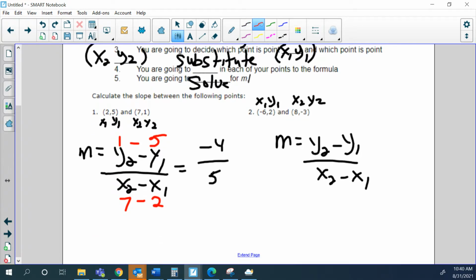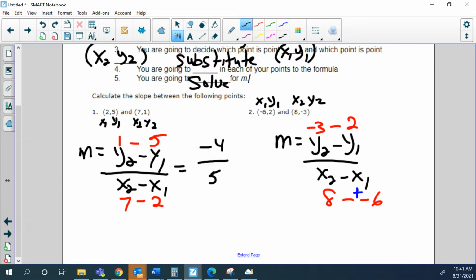And so I'm going to substitute my points now. My y2 is -3 minus my y1 is 2, and that's over my x2 is 8 minus my x1 is -6. So remember, two negative signs give me a positive.